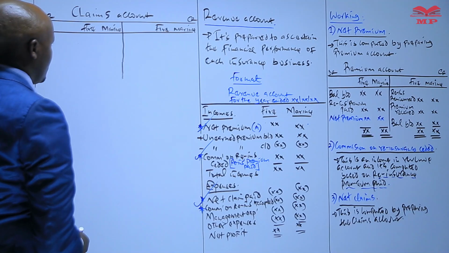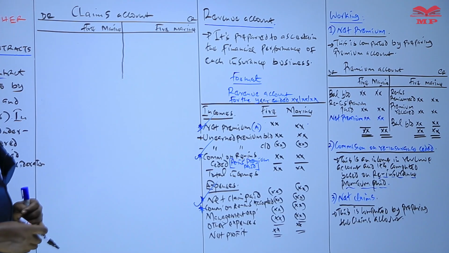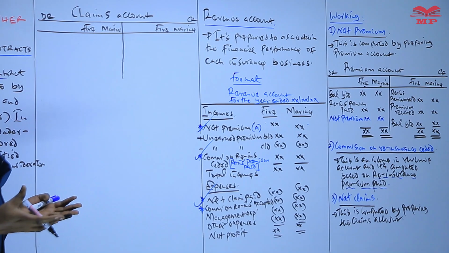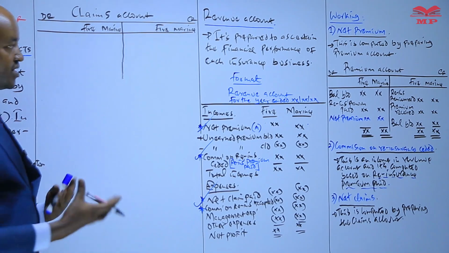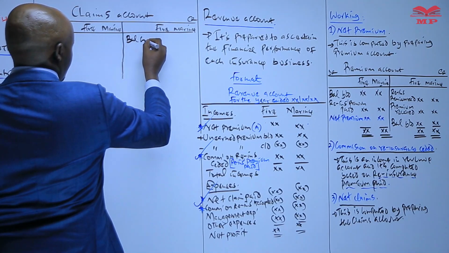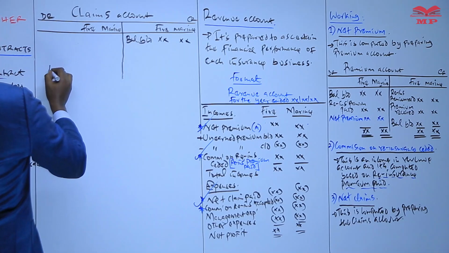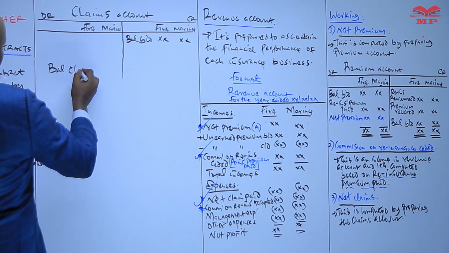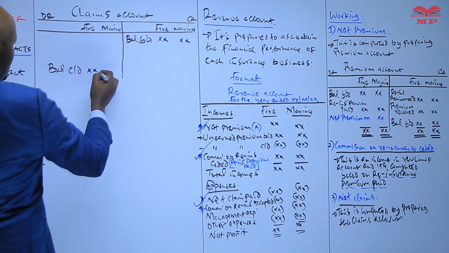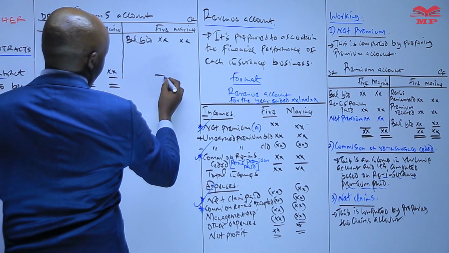What you start by recording, the first item you record in this account, are the claims which were outstanding. When we talk about claims outstanding, we are talking of the claims not yet paid by an insurance company to its customer. So automatically that is a liability, and that is recorded as an opening balance in this account on the credit side. And then we also record the claims which were outstanding at the end of the year.